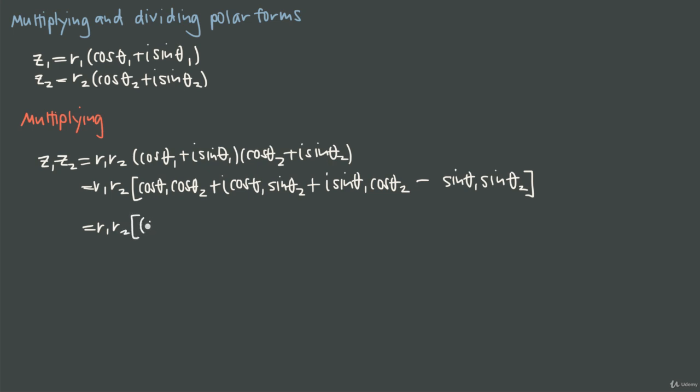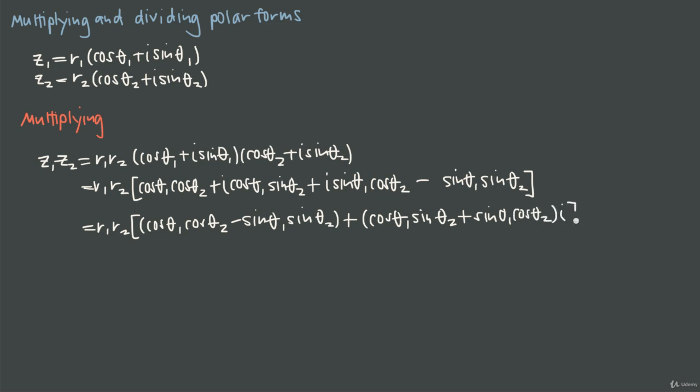And then my real parts will be this first term, cosine theta 1, cosine theta 2, and then my last term here, minus sine theta 1, sine theta 2, and then my imaginary parts will be these two middle terms here. Now if I factor out the i, I'm simply left with cosine theta 1, sine theta 2, plus sine theta 1, cosine theta 2, and I have my i here on the outside.